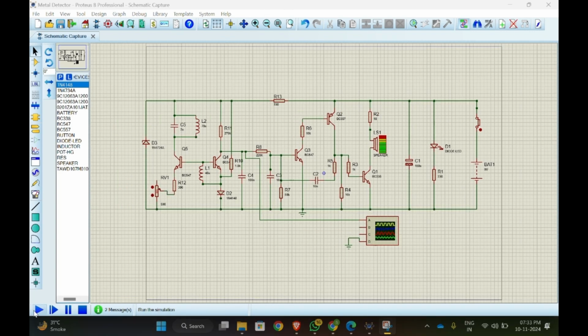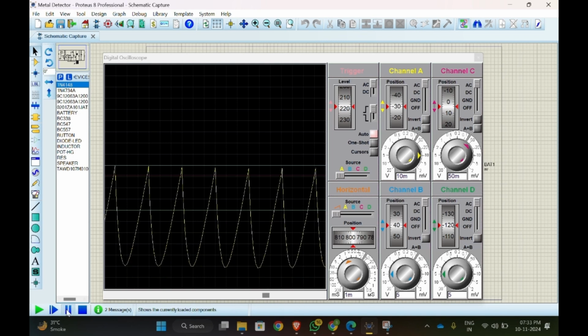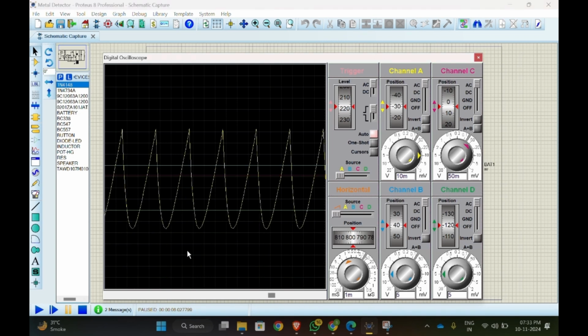Running the simulation, we can clearly hear the clicking sound and also see its graph. Here, the graph shows a sine wave oscillation, and it is a bit spiky at the top because it is a real graph and not an ideal graph.